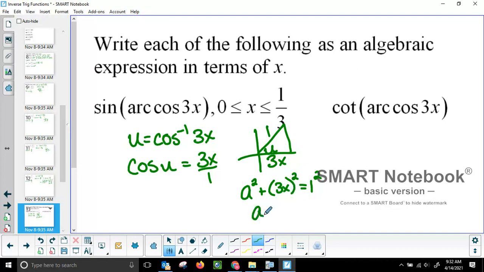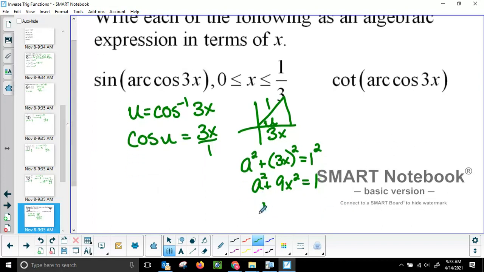So here we have a squared plus 3x times 3x is 9x squared. Whoops, that should be equal to 1. Now I can subtract 9x squared from both sides and then take the square root.